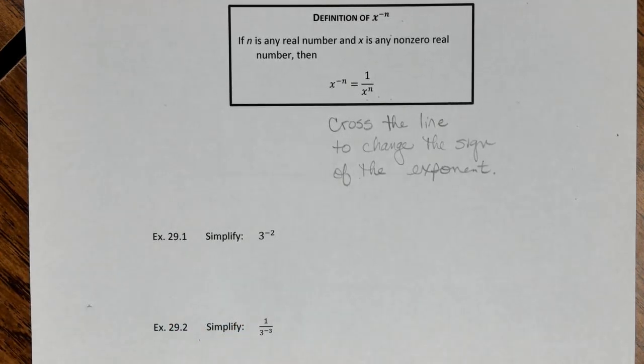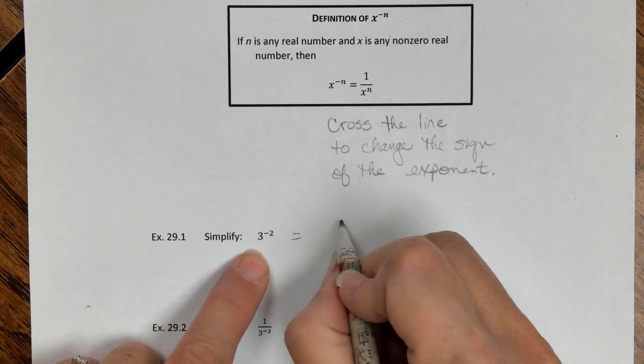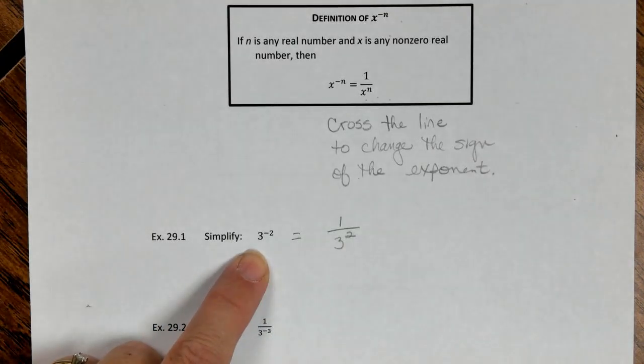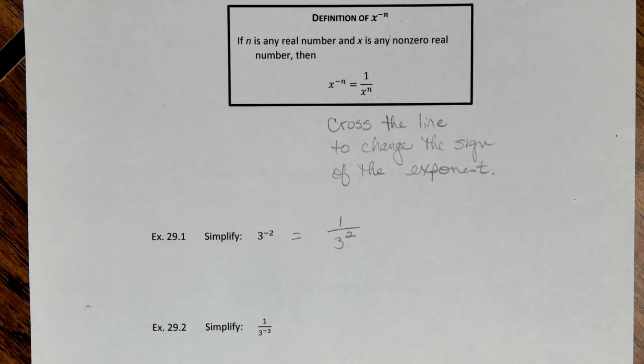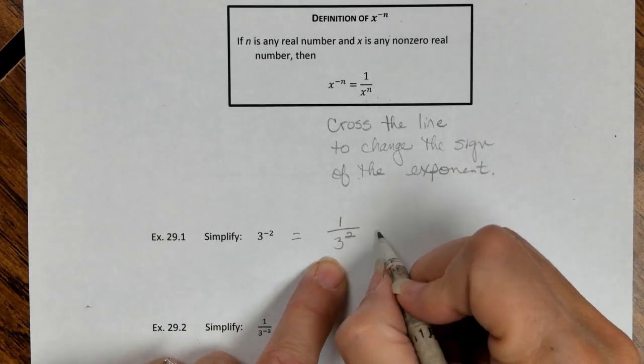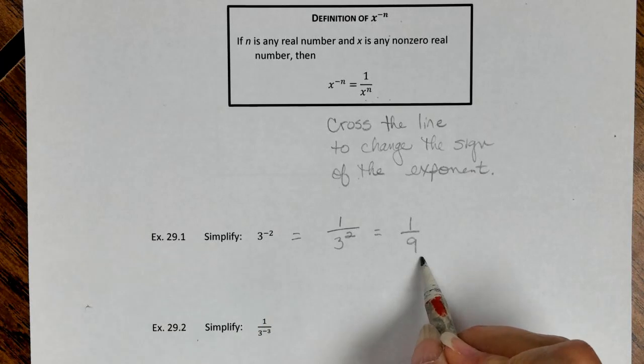So we use this definition, or that pattern that we saw, and we can rewrite this as 1 over 3 to the positive 2. Cross the line to change the sign of the exponent, only the exponent. It's not now somehow a negative 3. Okay? So now we can do 3 to the second. So 3 to the negative 2 is equivalent to 1/9.